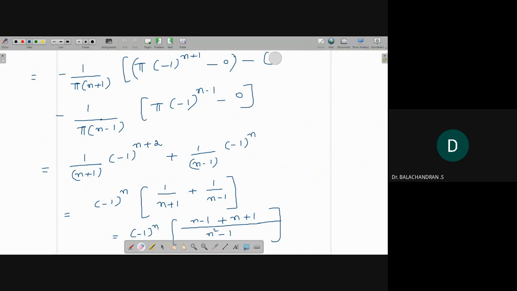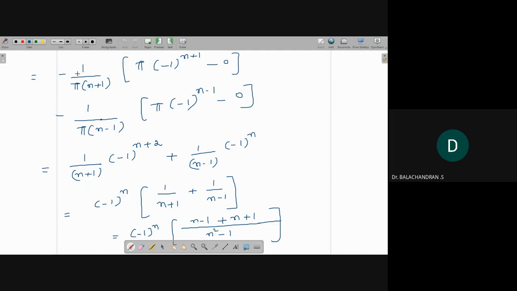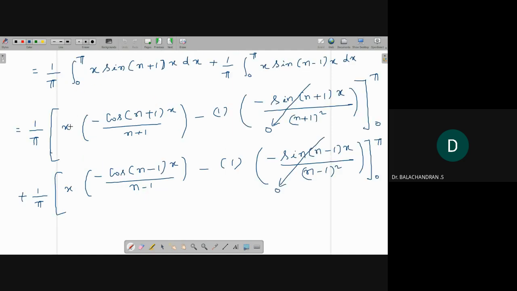So that's why I kept it like this. This is pi. Again, I will tell you: these two are 0. So what is common here? Minus 1 by pi into (n plus 1), minus 1 by pi into (n plus 1), x is equal to pi, cos of (n plus 1) pi.